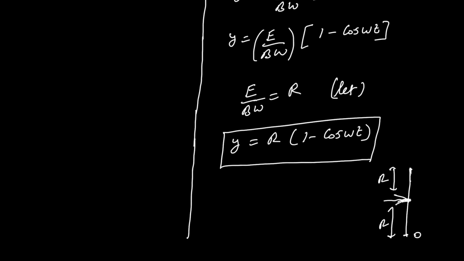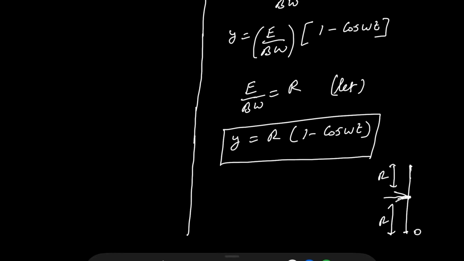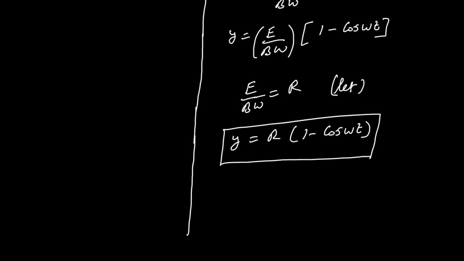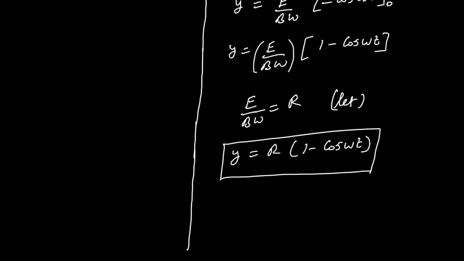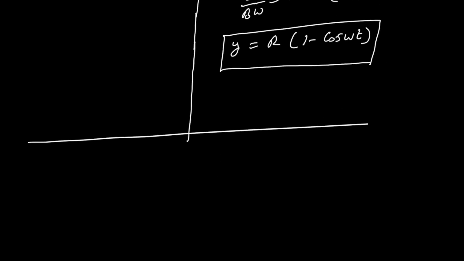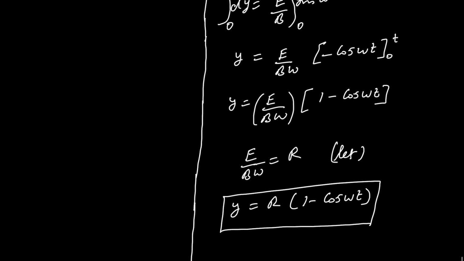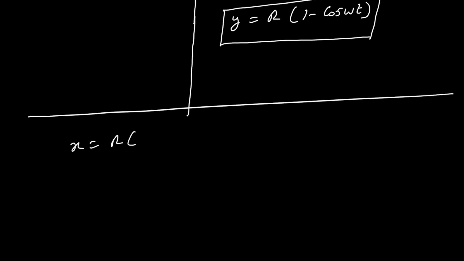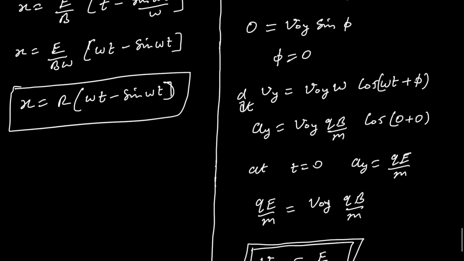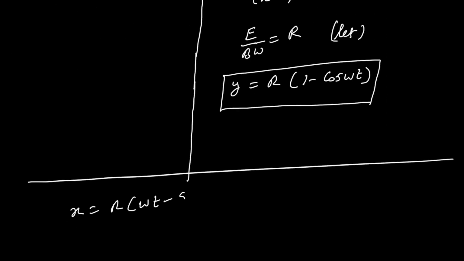So this is the x coordinate and this is the y coordinate, and if you see both of them combined, you will find that this is an equation of a cycloid. So what is the equation of a cycloid? What we have found is x is equal to r into (omega t minus sine omega t).